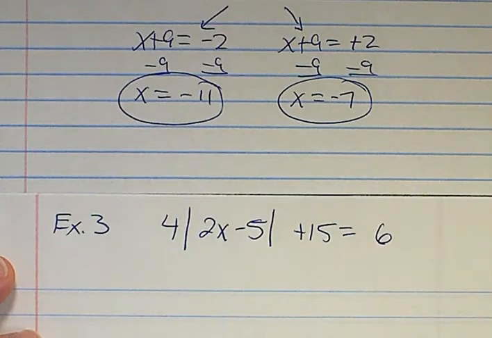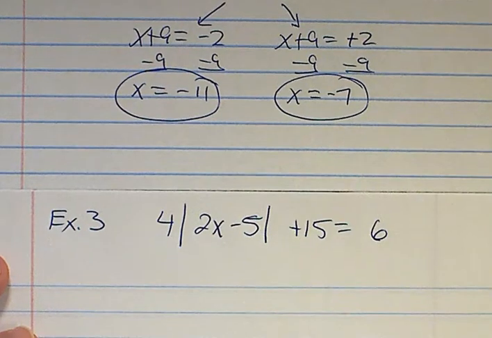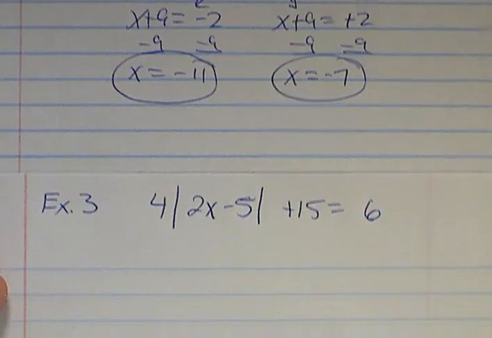Alright, so let's go with 4 times absolute value of 2x plus 5, plus 15 equals 6.